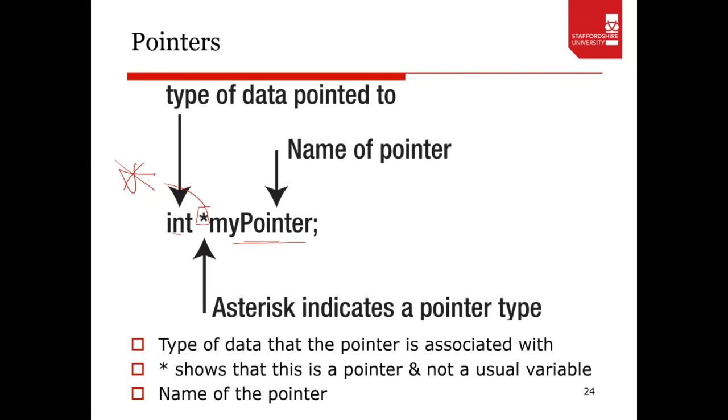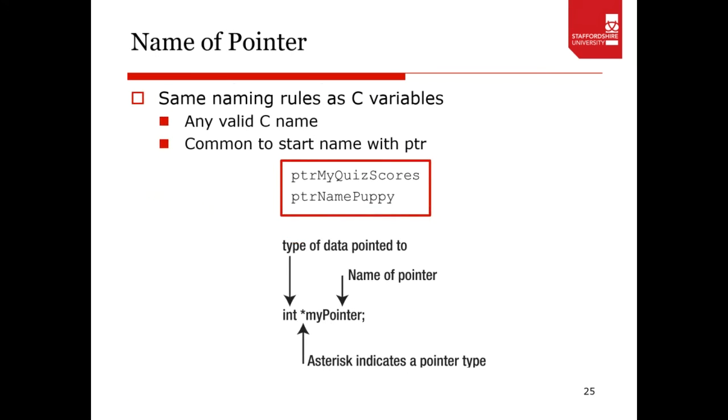So the type of the data that the pointer is associated with, the asterisk shows that this is a pointer and not a normal variable, and then we've got the name of the pointer. So it's the same naming rules as C variables, and we can use any valid C name, and it's common to start the names of pointers with PTR, like ptr quiz scores, ptr name puppy.